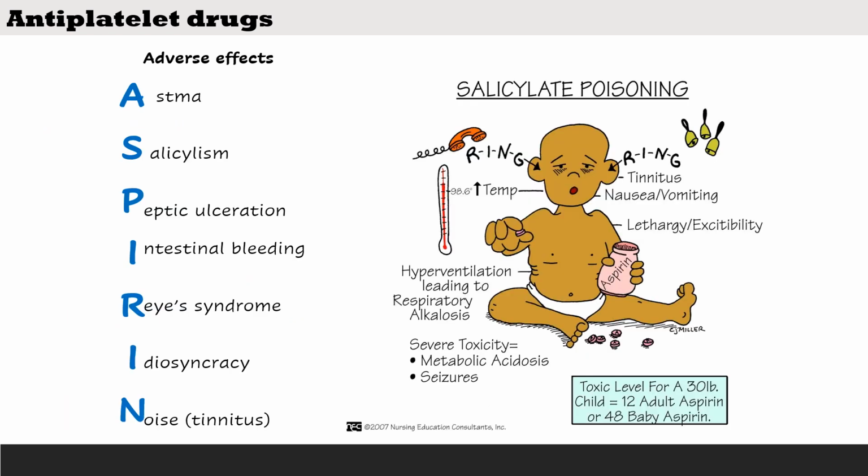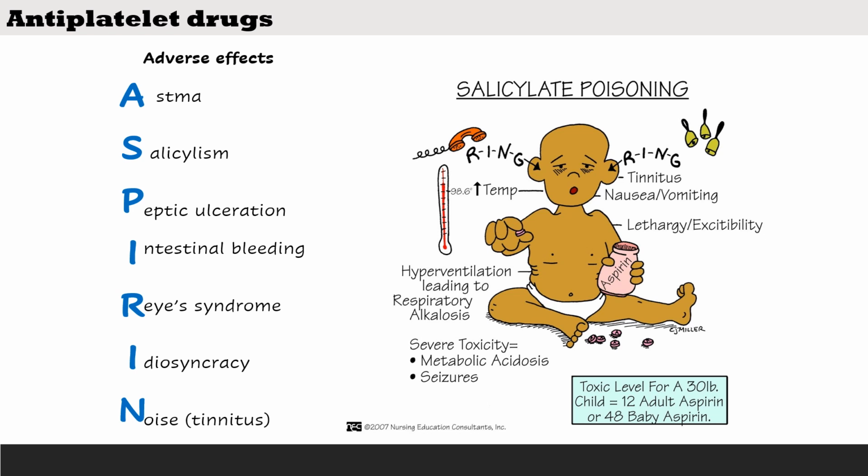Well, if you had lectures on NSAIDs, you will know aspirin has a lot of adverse effects. So for simplifying, the adverse effects of aspirin include asthma-like symptoms induced by aspirin. Salicylism, which is a ringing sound in the ear, is called tinnitus. You have nausea and vomiting.